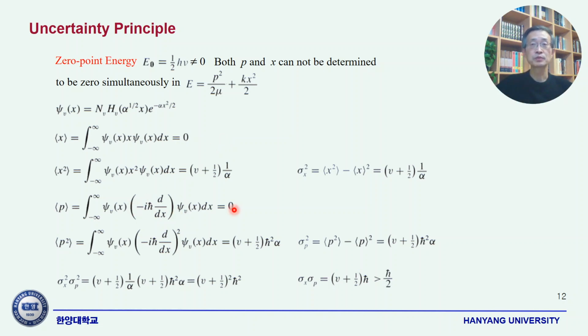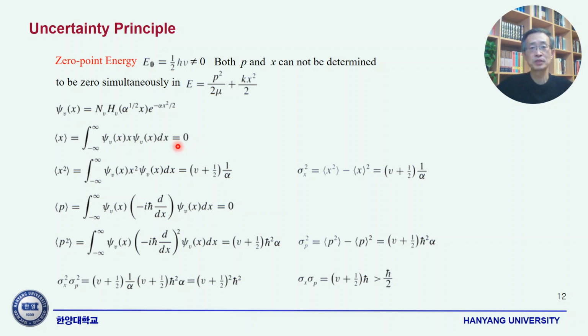And for momentum also, positive and negative momentum cancel out, just like that. Well, actually the wave function itself is either an odd function or an even function. So in this case, even function times even function is even function, x is an odd function. So any product that includes even and odd is an odd function. Then with a symmetric integration range, that's 0, something like that.